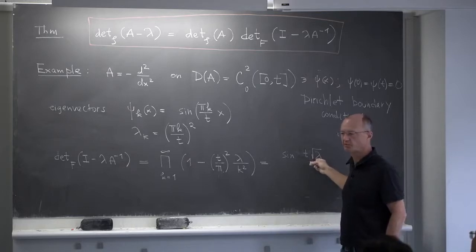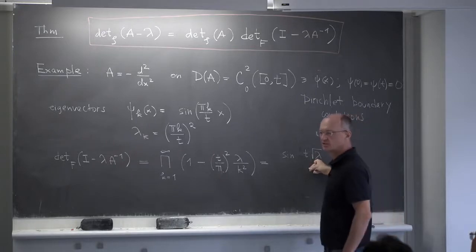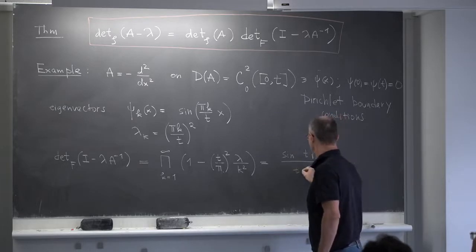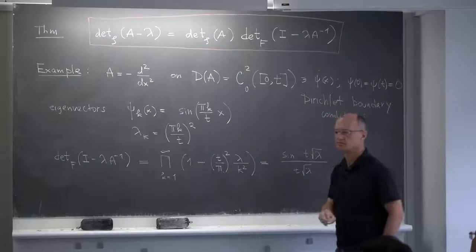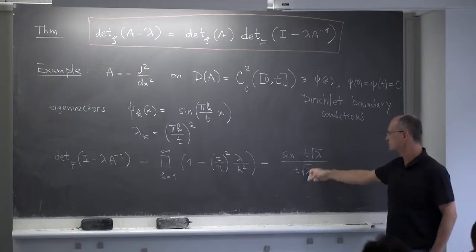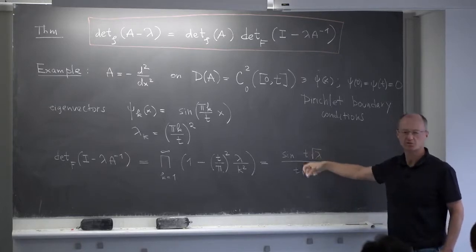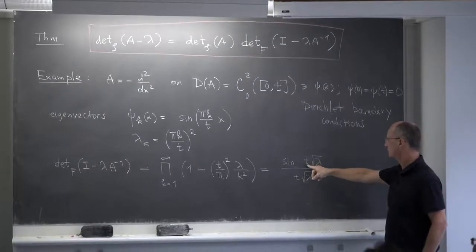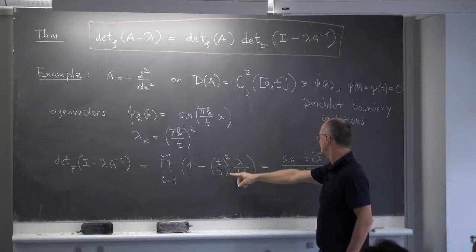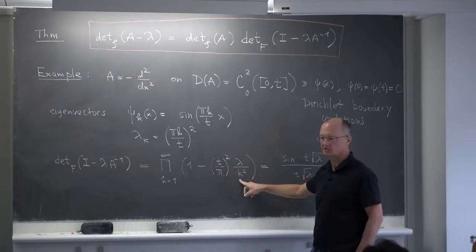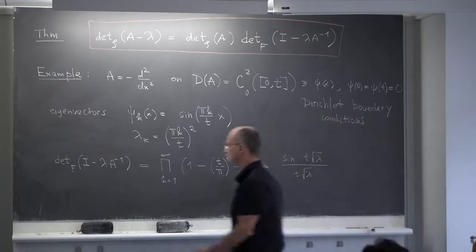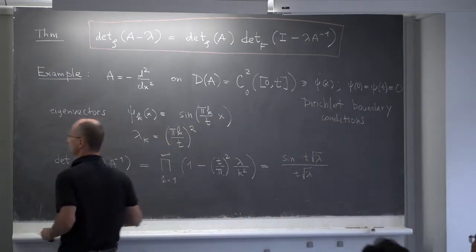So this should be remedied in some way. I think divided by t square root of lambda. Is it correct? I think this is now an entire function of lambda. Square roots are gone, and it has zeros exactly when lambda is equal to pi over t squared times k squared. So that's simply the answer for this Fredholm determinant.